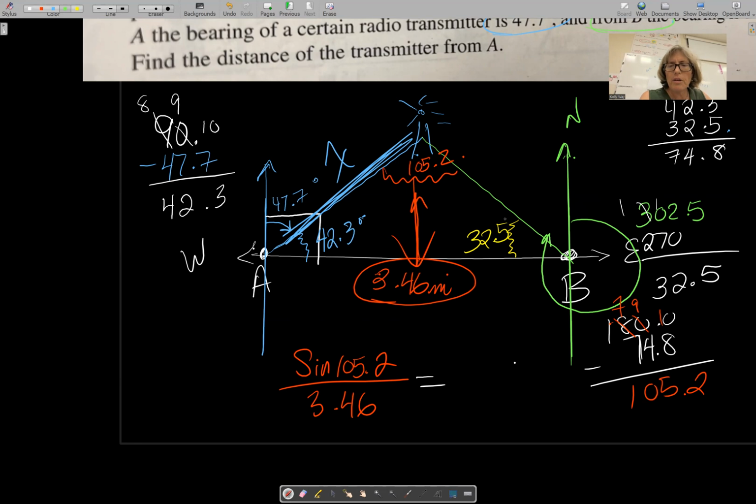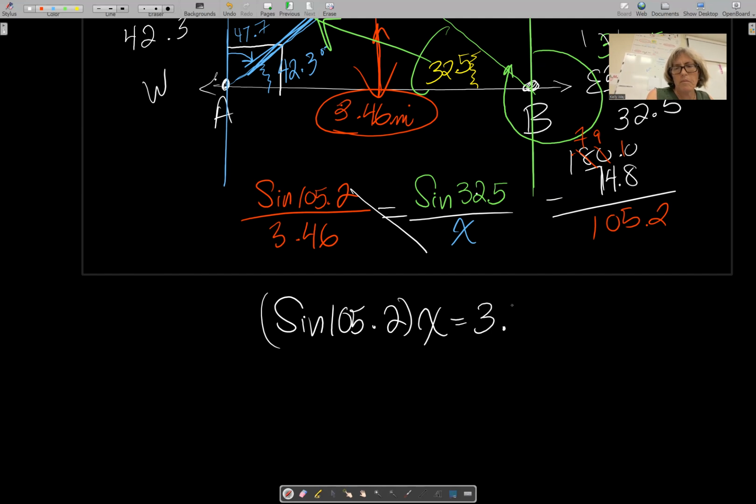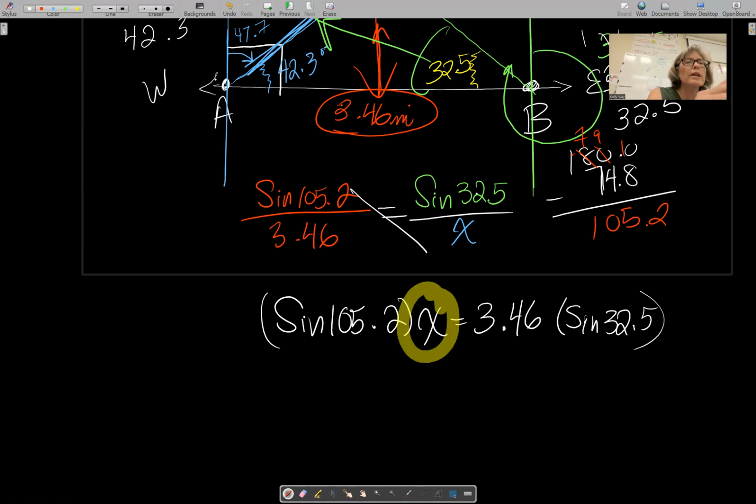Therefore, we take the sine of 32.5 over its matching X. And you just cross multiply. You don't touch a calculator until your variable is completely by itself.